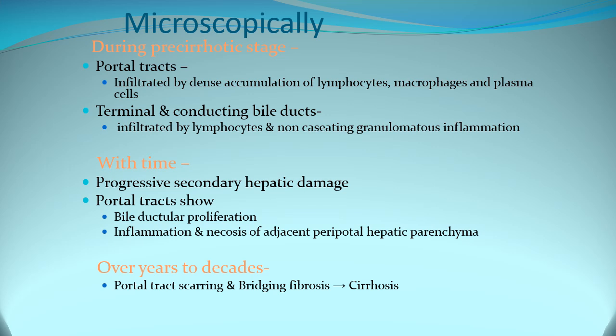With time, progressive secondary hepatic damage occurs, and the portal tract shows bile ductal proliferation, inflammation, and necrosis of the adjacent periportal hepatic parenchyma. Over years or decades, portal tract scarring and bridging fibrosis lead to cirrhosis.